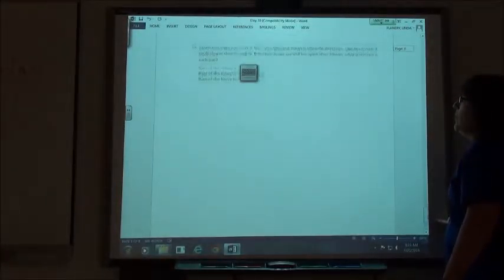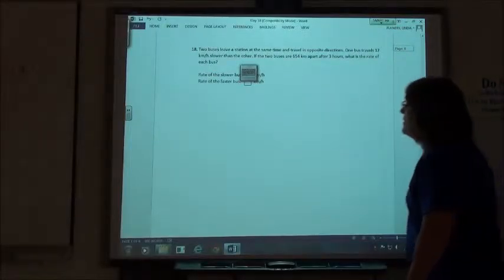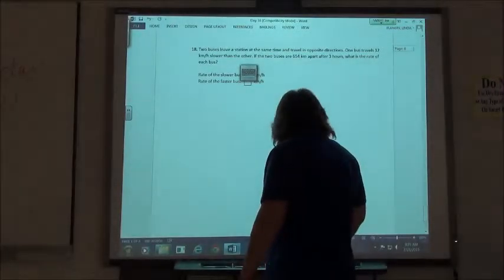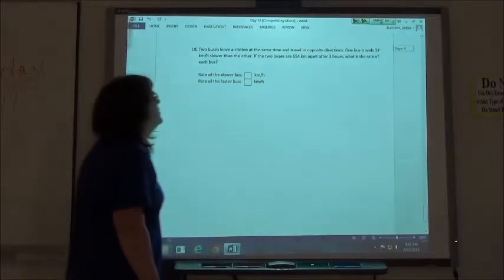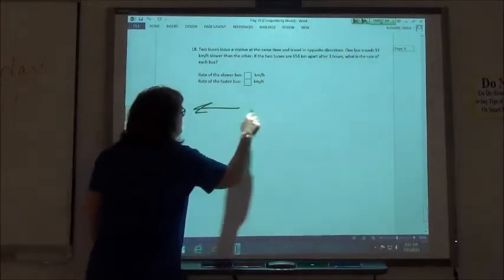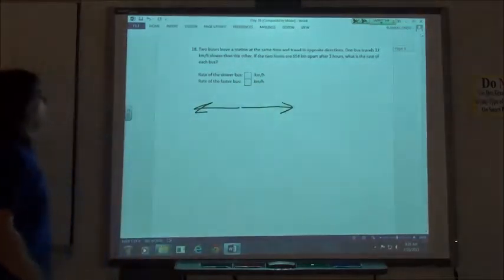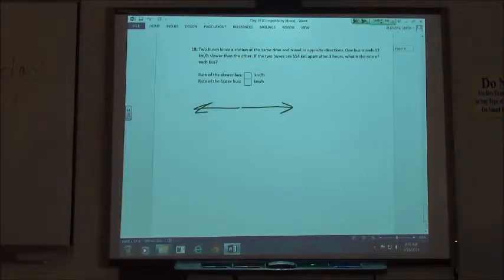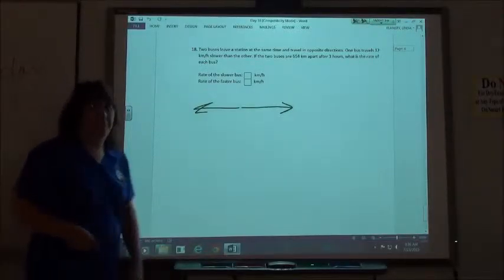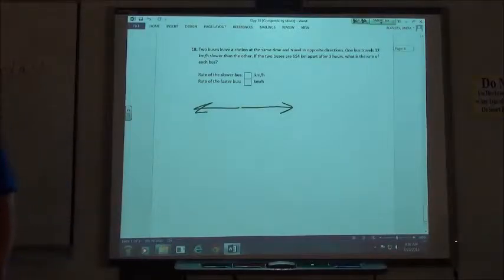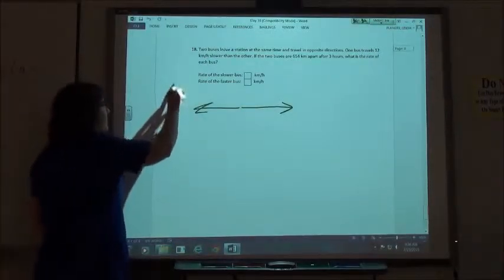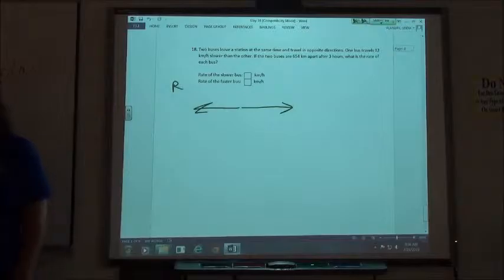And the last one then. Two buses leave a station at the same time and travel in opposite directions. One bus travels 12 kilometers per hour slower than the other bus. So the rate of one bus is going to be R, or whatever variable we decide to do.